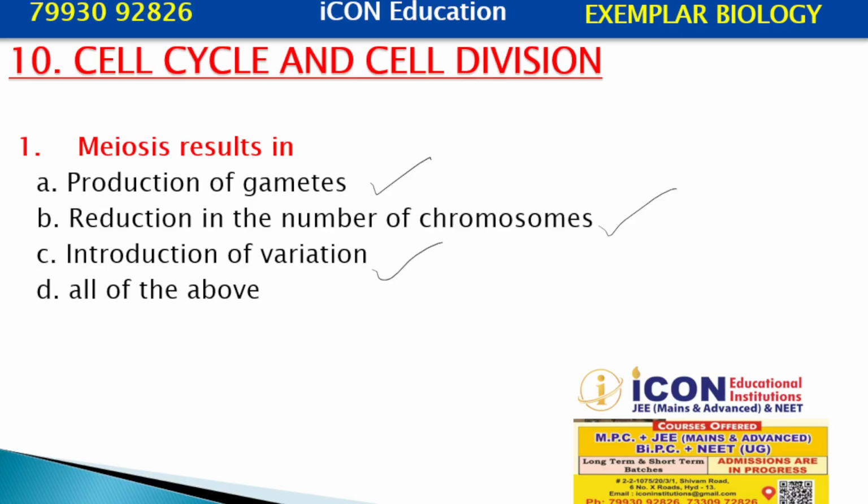Variation results in evolution. So all the above options are correct. So option D, all the above. Meiosis results in production of gametes, reduction in the number of chromosome, introduction of variation. So all the above are correct.